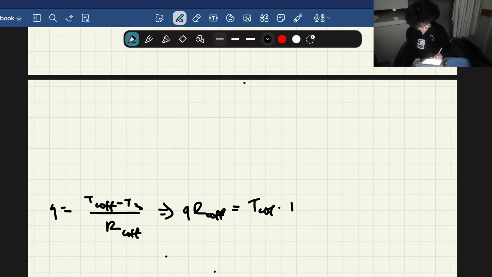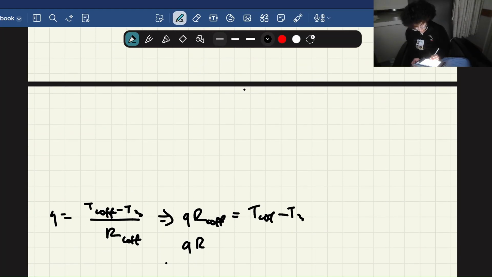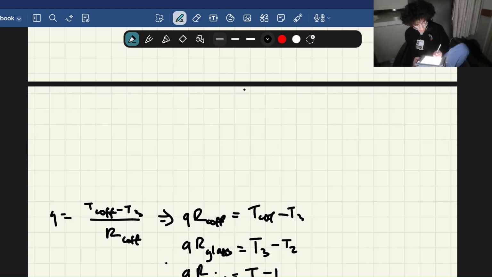So Q R coffee is equal to T coffee minus T3, and then continue. Q R glass is equal to T3 minus T2, and then Q R insulator is equal to T2 minus T1, and then Q R air is equal to T1 minus T air.